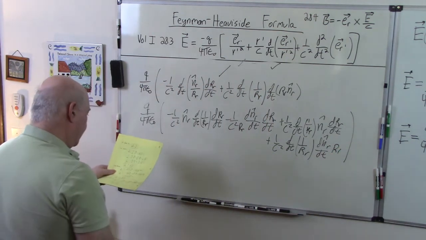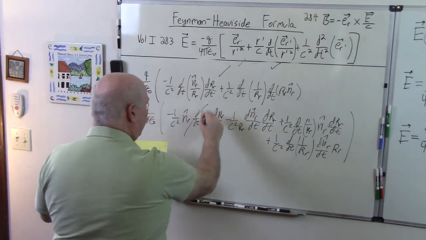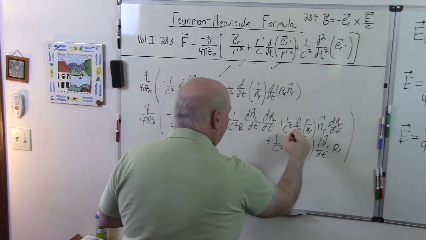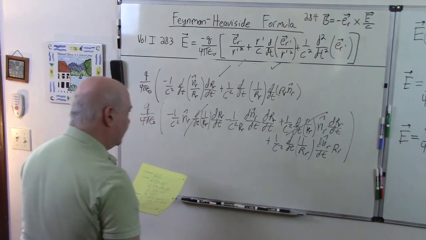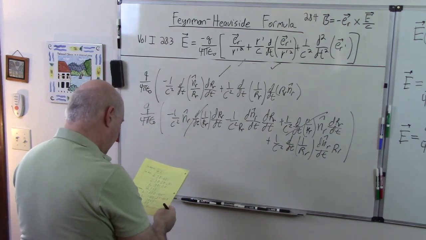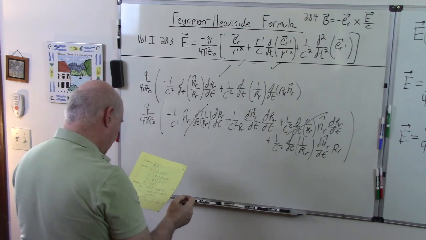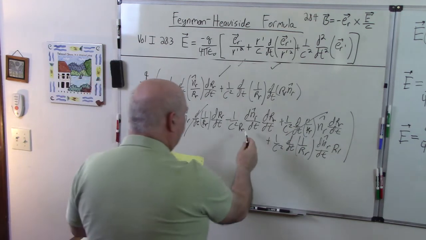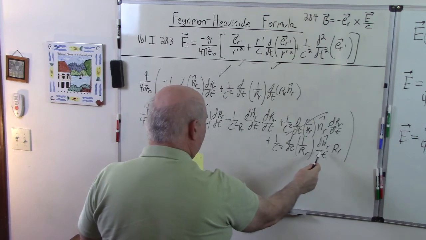And you may notice that this term over here cancels this term over here, so we're down to 2 terms, and what's left, these 2 terms are also the same.